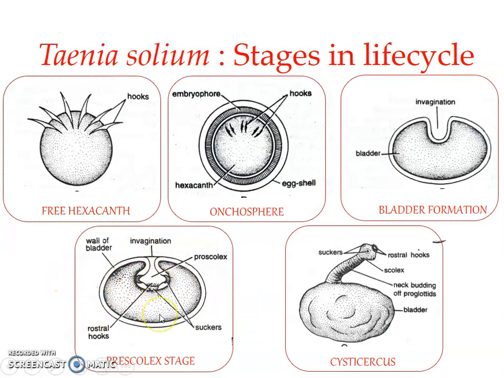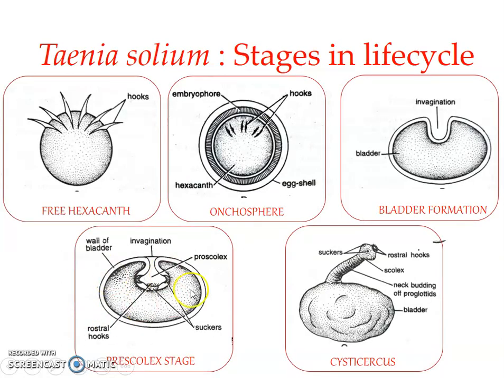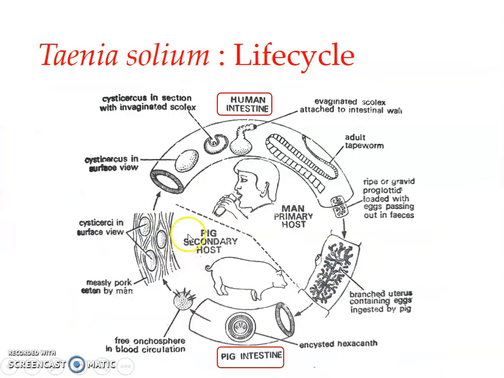From there, this bladder worm migrates and gets deposited in the skeletal or striated muscles of the pigs. When it is eaten by humans, the protoscolex stage or bladder worm gets entry into the human intestine.